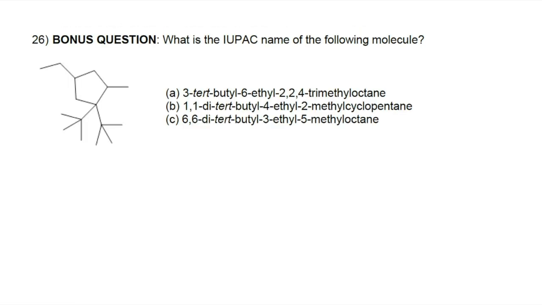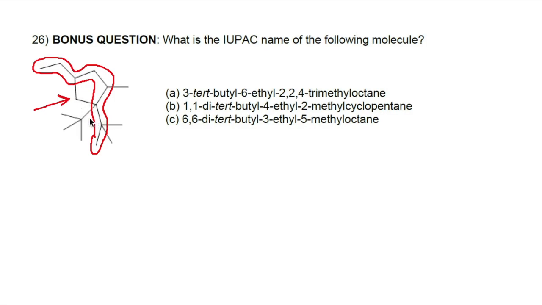For the bonus question, the trick here was to realize that the longest possible chain was the ring. This ring in the middle is your longest possible chain, because look at what happens if you try to pick these as your longest possible chain: we have no way to describe that bridge in the middle.